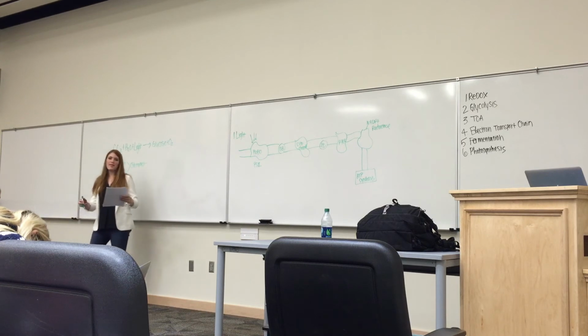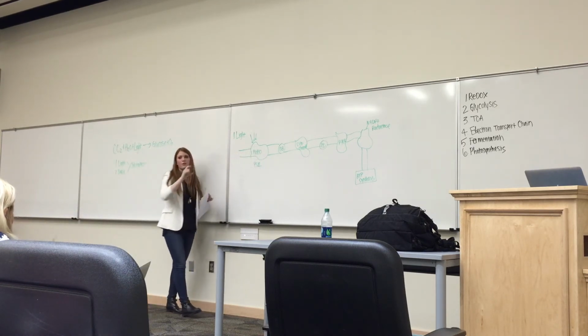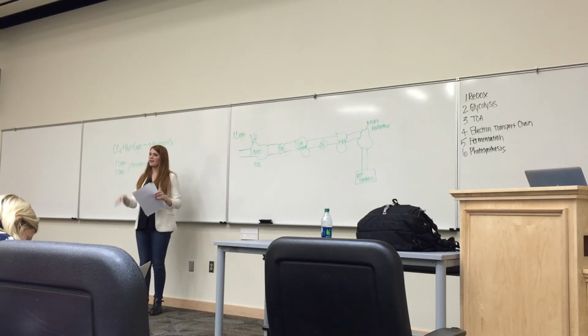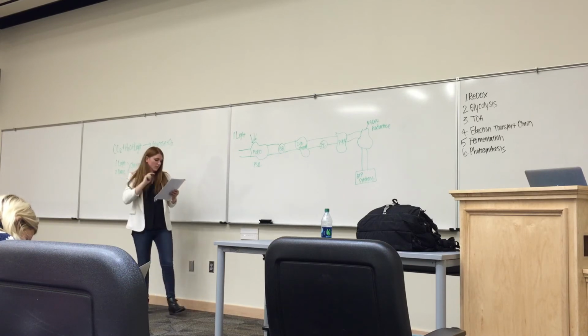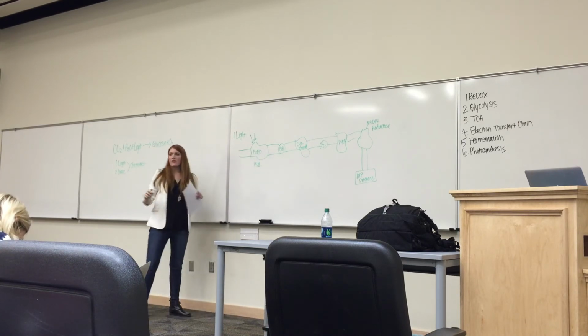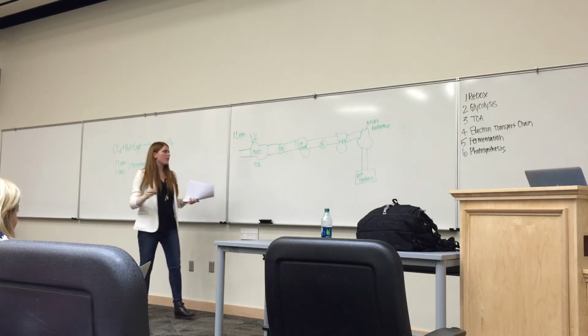And so remember that the pigment in these photosystems is what's absorbing the light. And that's where the whole electron excitation is happening. So light will come in, and one of the pigment molecules will absorb it, and it will elevate that electron to a higher energy state, okay?